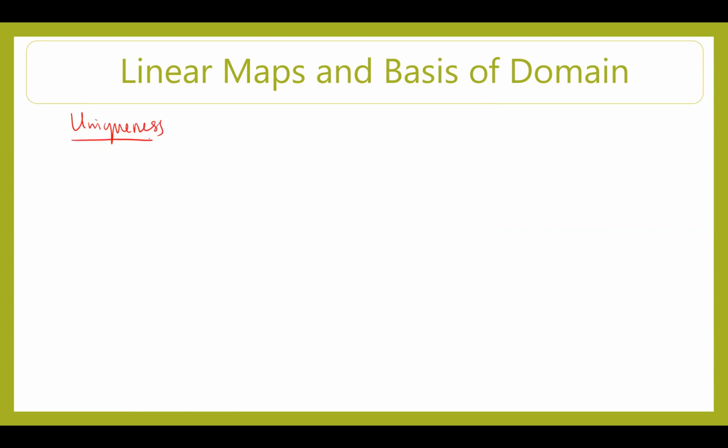I kind of discussed that when I defined it, because the uniqueness actually comes from the fact that you can uniquely define a vector in V using that basis. So suppose T belongs to this set, which we have shown actually.